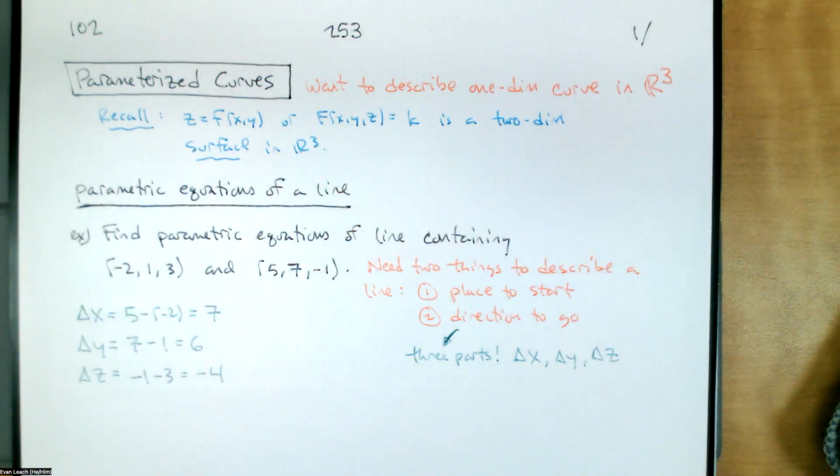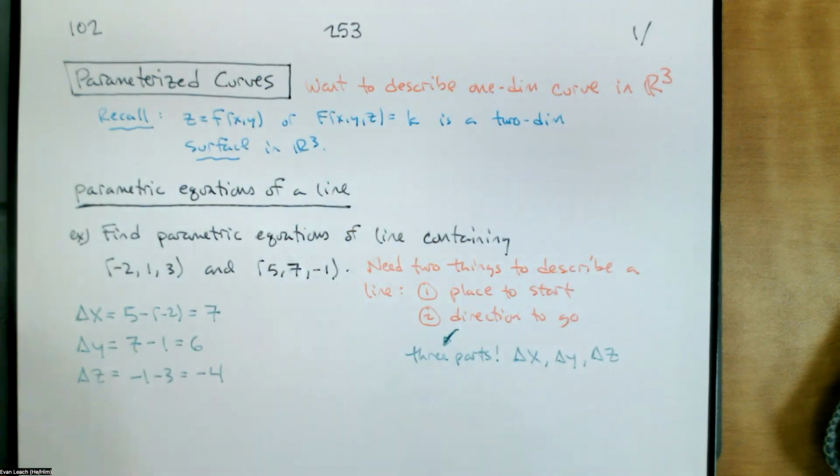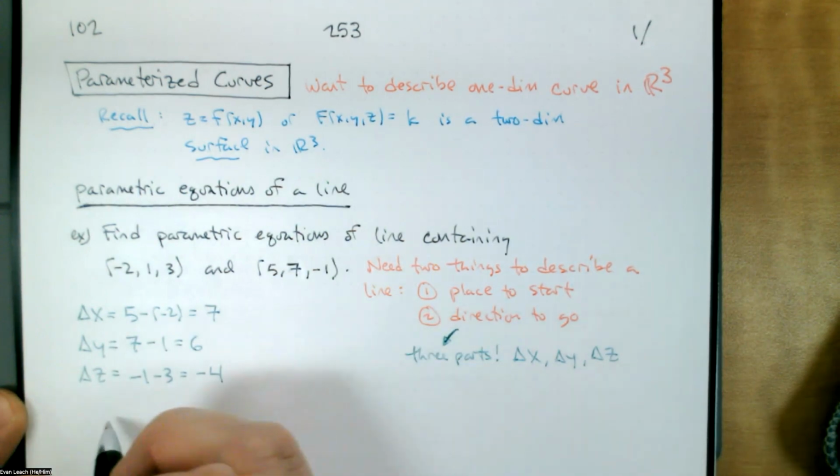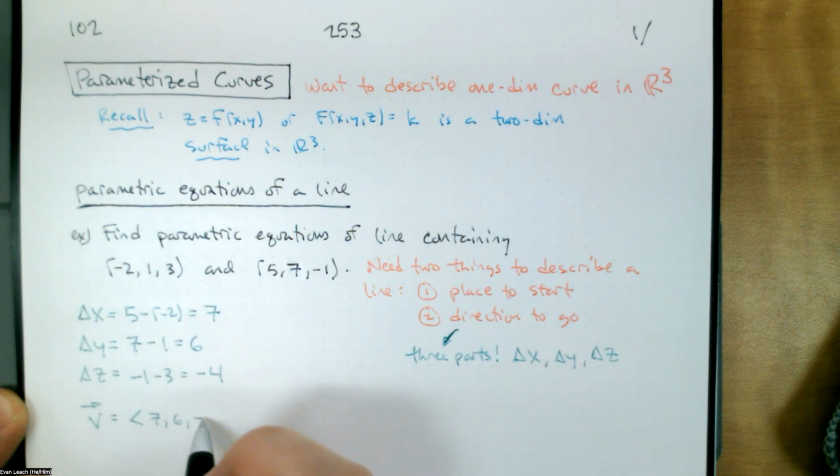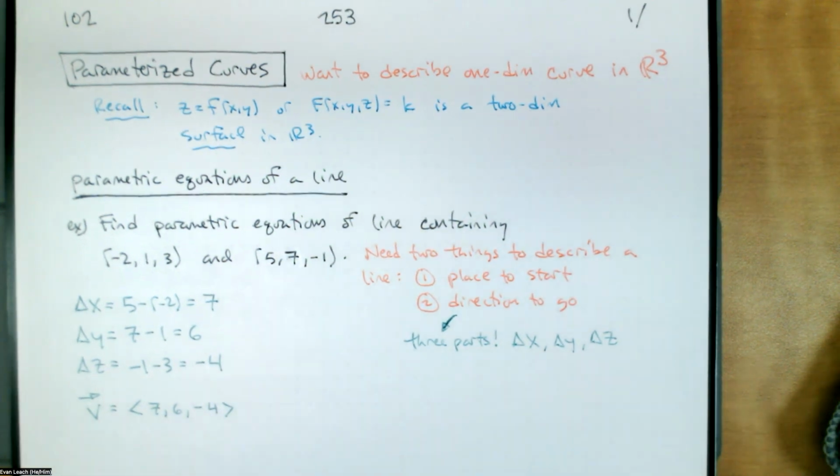So notice that this direction vector goes from the point -2, 1, 3 to the point 5, 7, -1. So our direction vector would be 7, 6, -4.